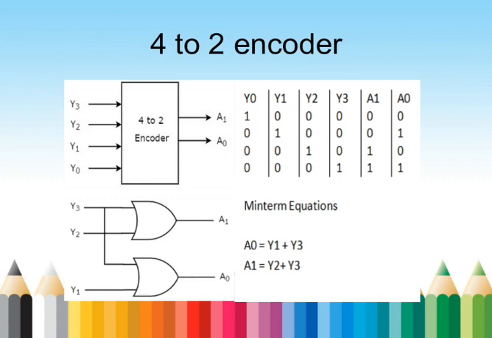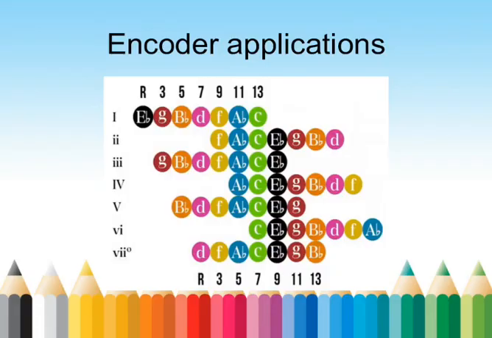In the same way as the decoder, the encoder can also be used for code converters, and it is used to find address segments. One application, as shown here, is similar to the music correction process. In order to encode different forms of music, it can be represented in different alphabetical forms or in number form.